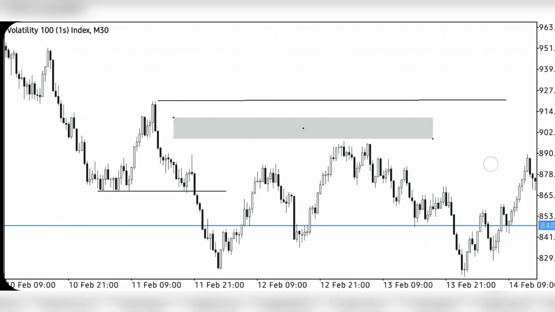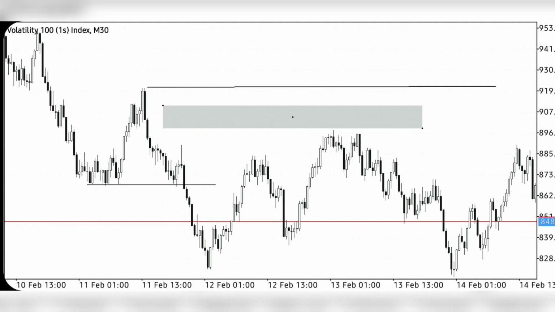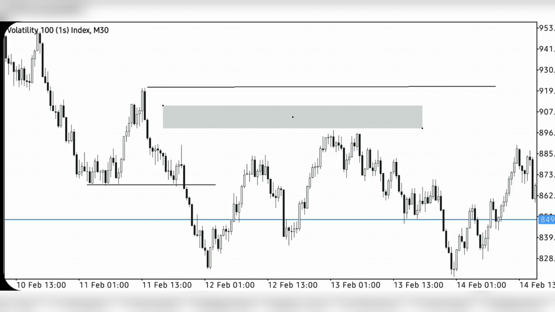What you should be doing is marking out your area of interest. Once you mark out your area of interest, all you have to do is patiently wait to get confirmation. Once the market gives you an entry confirmation, you cannot go wrong with entry confirmation.